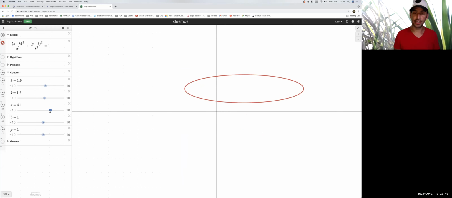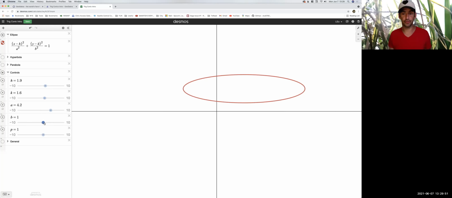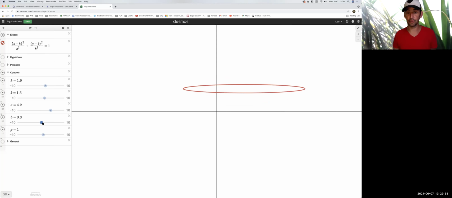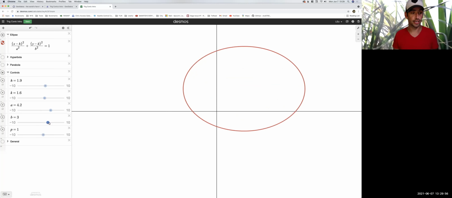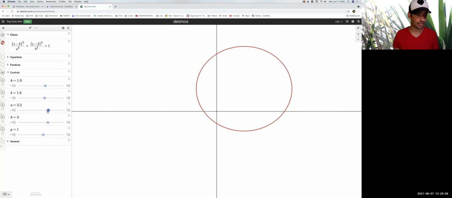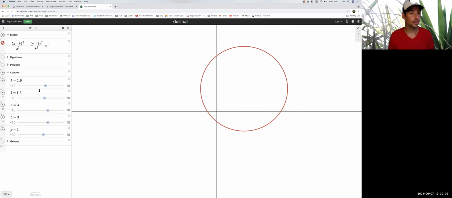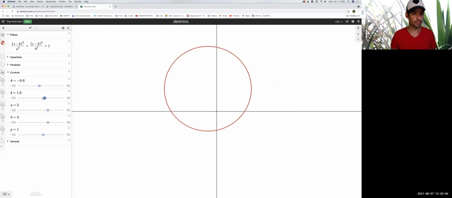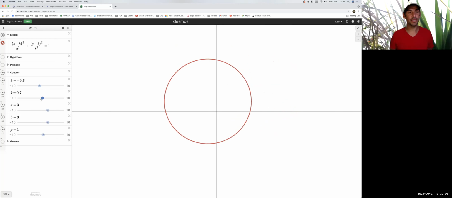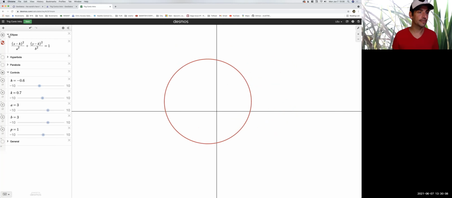It doesn't actually matter if it's negative or positive because it gets squared. If I change the b term, right, now I can make it narrower vertically or wider vertically. And if I make them the same again, we end up with a circle, right? So h and k move the center around, a and b change the shape of it.